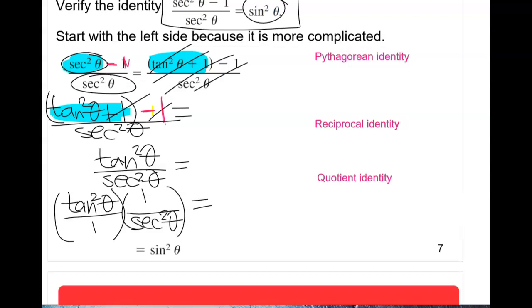For tangent, I'm going to use the quotient identity, and that will be sine square of theta, in fact, I'm just going to write it here.